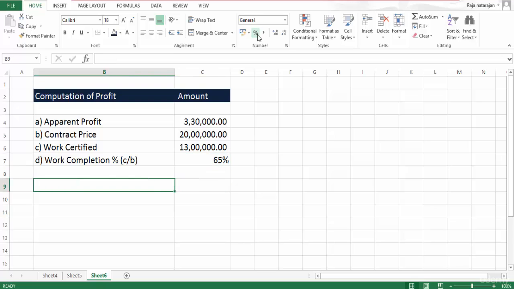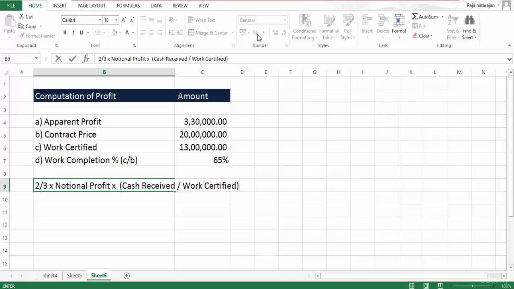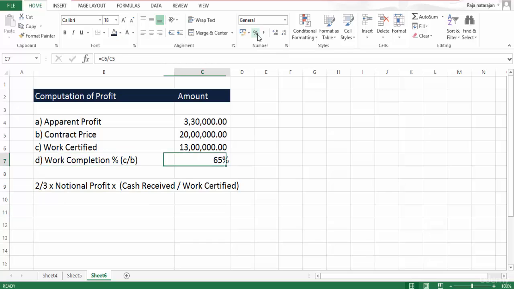If you recollect, the formula was 2/3 of notional profit multiplied by cash received divided by work certified. What we have derived now, the 65%, gives us an idea that the work completion is in the range of 50 to 90.